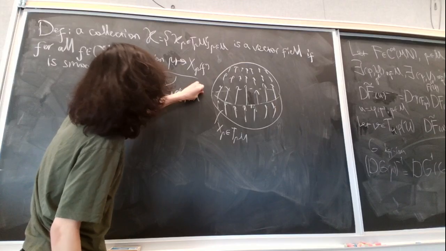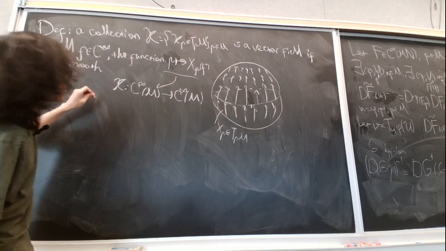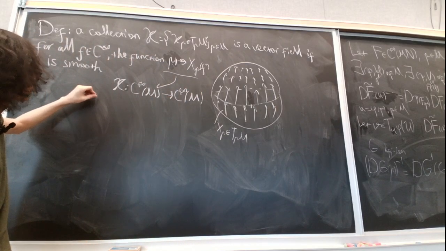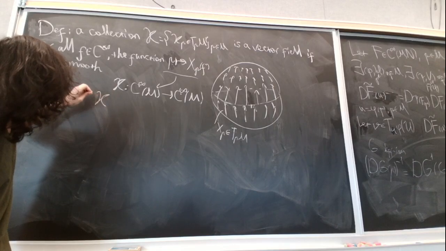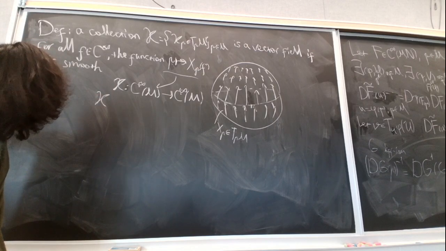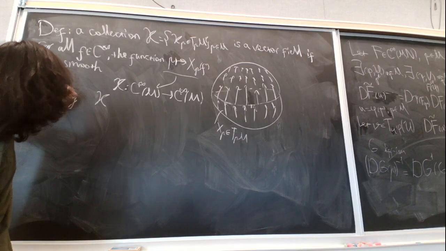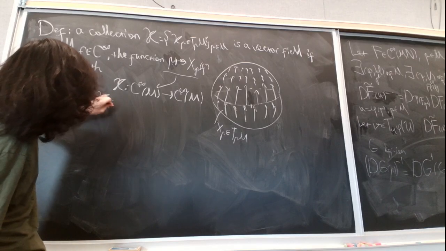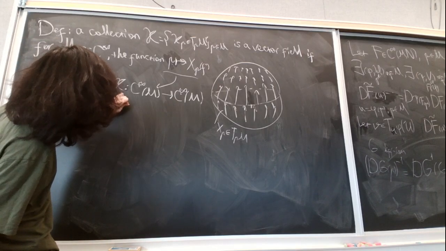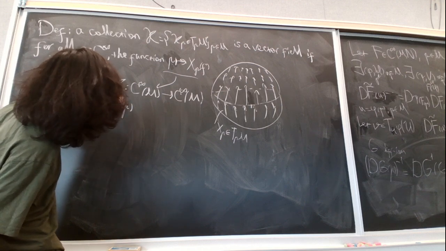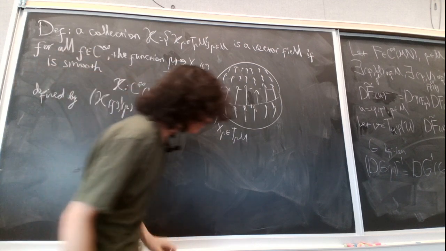It's essentially like the derivative. Remember, before, a derivative at a point was: I take a smooth function, I give you a number. Now I'm defining something that lets me take smooth functions at every point. So it takes in a smooth function and gives you another smooth function, because now I take a derivative and I know what the derivative is at every point, and that's itself a smooth function.